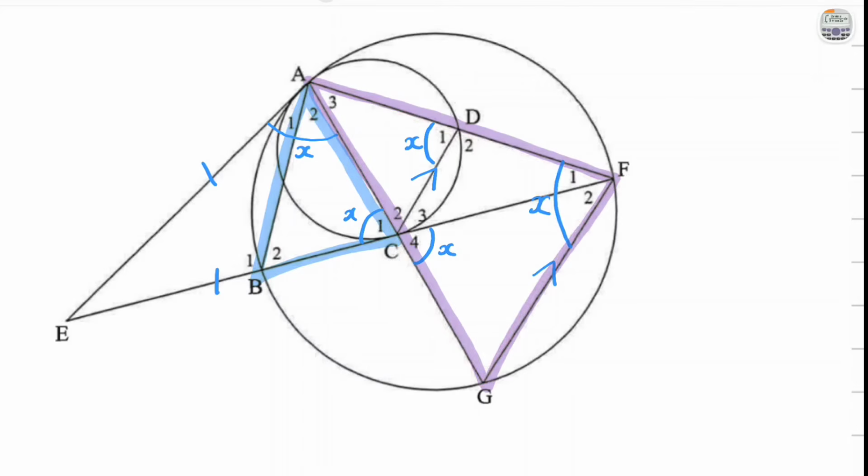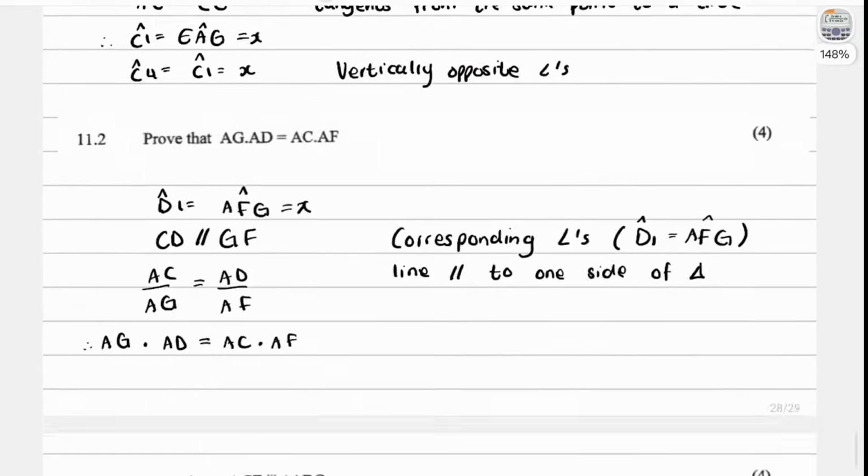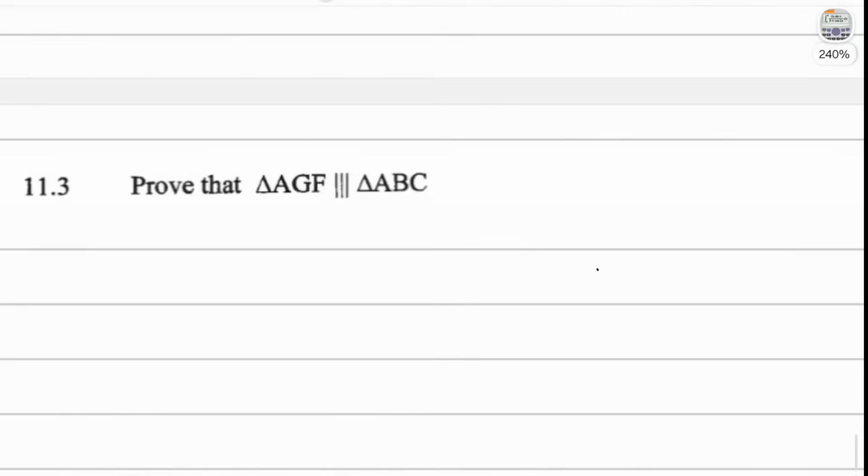If you ever get lost with these parts, grade 12s, the naming of the triangles really helps you a lot. The minute they tell you to prove that this is similar to this, you can already assume that they have written it in the correct order. So it's similar in this way, meaning the A of this triangle is equal to the A of that triangle, the G of this triangle is equal to the B of this triangle, and the F of this is equal to the C of this.